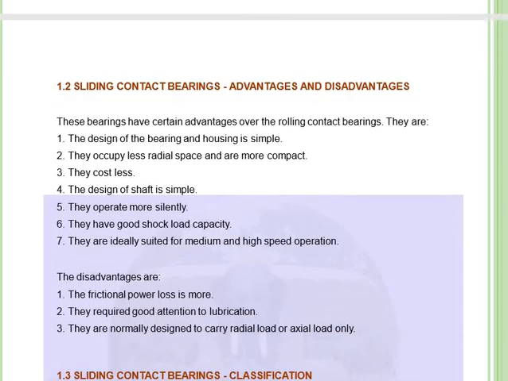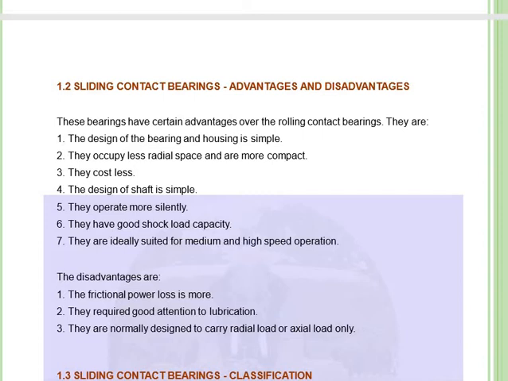At the same time, there are disadvantages. What are the disadvantages? The frictional power loss is more; there will be more absorption of power, which indirectly means power loss is more.